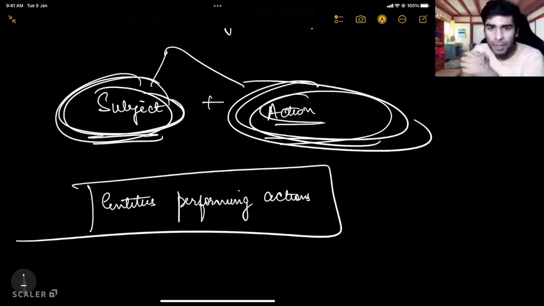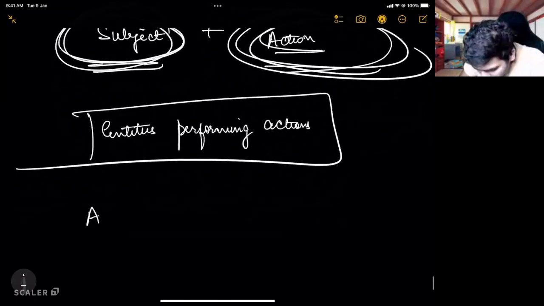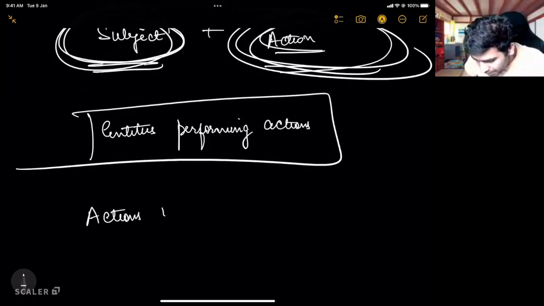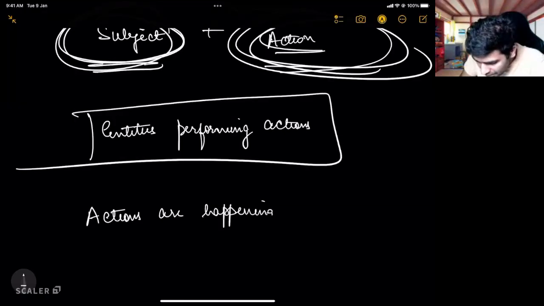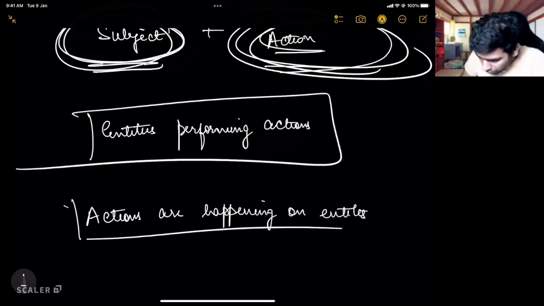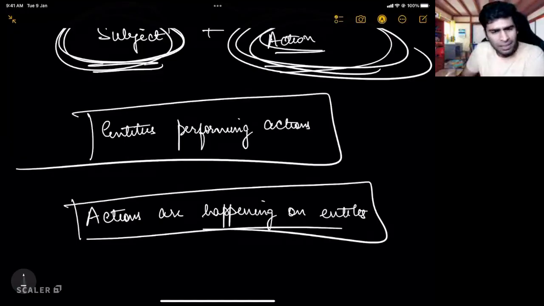Now let us imagine procedural programming. In procedural programming, it is actually opposite. Actions are happening on entities. Why? Because by default, in procedural programming, entities are nothing but data, right?